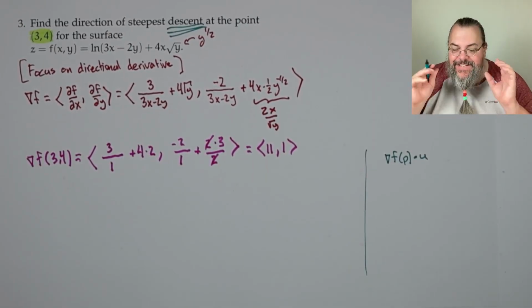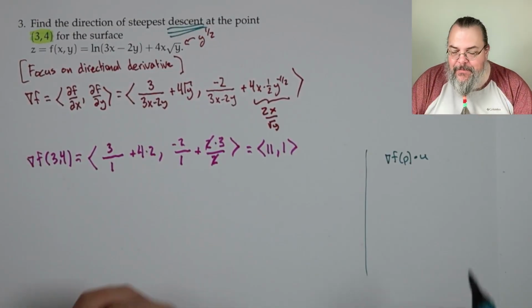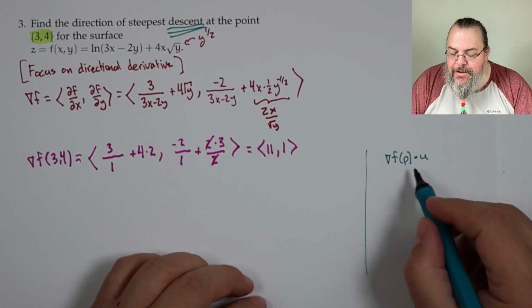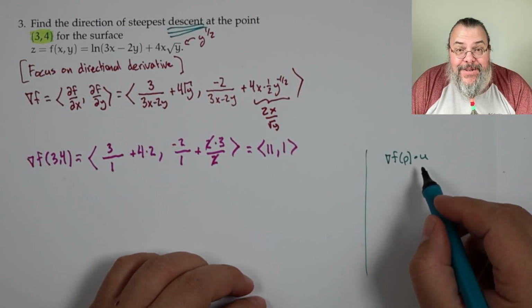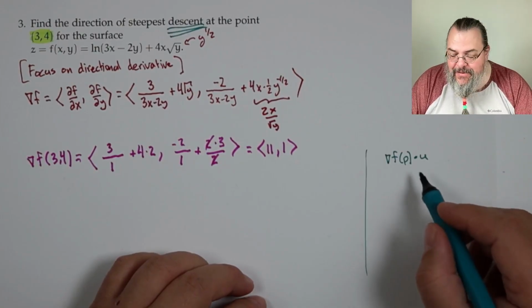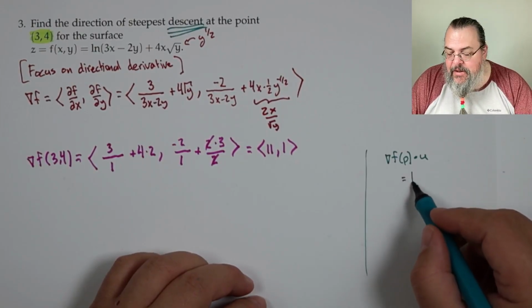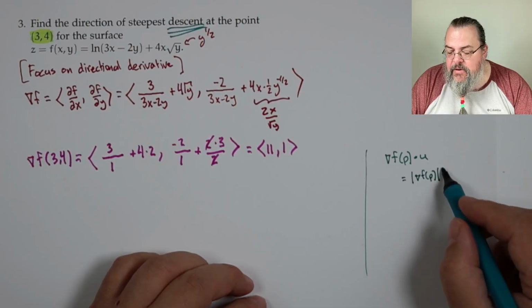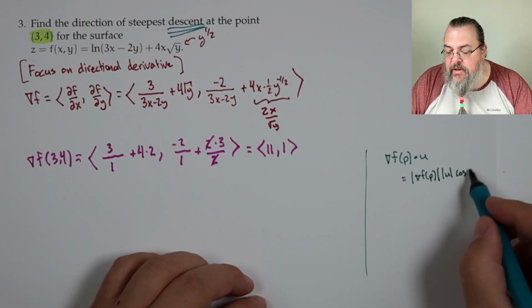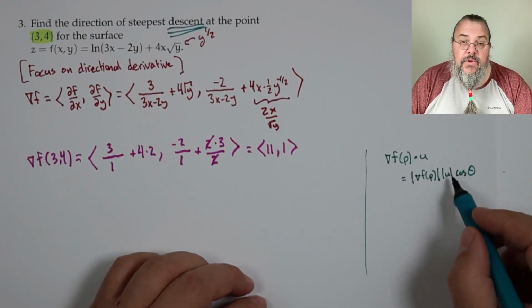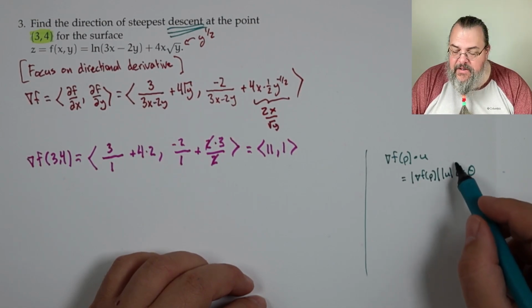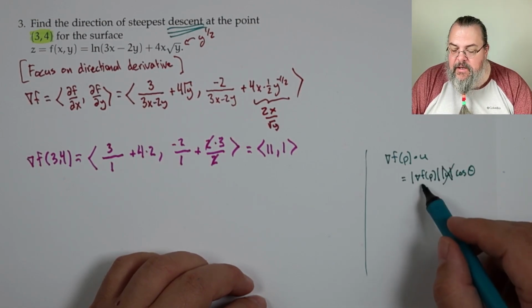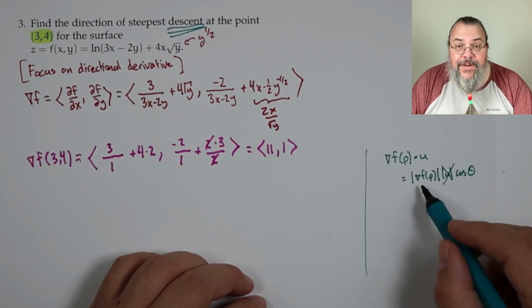Okay, so what do we know about this expression? Well, dot product. We know dot products. This becomes magnitude of gradient f of p, magnitude of u, cosine theta. Well, u is supposed to be a unit vector, so that goes away. This is fixed.